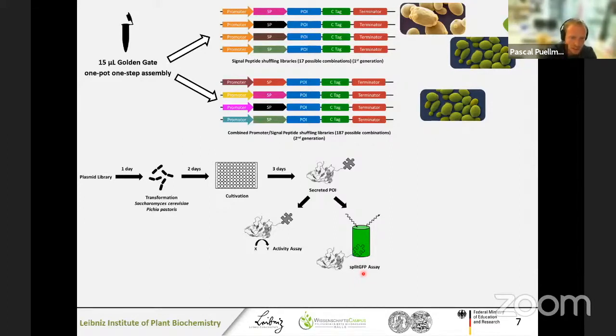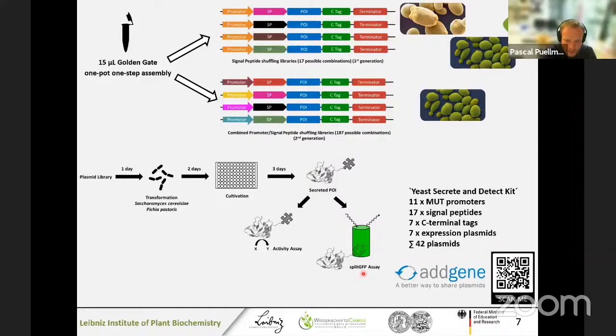Maybe you have a variant that is better secreted, so you wouldn't know at first glance because you just see a higher activity, but this way you can directly correlate the activity of your variant to the amount. Since we think it's a very helpful system, at least in our hands working pretty nicely, we put it on AddGene so that the community can also use it for other target proteins.